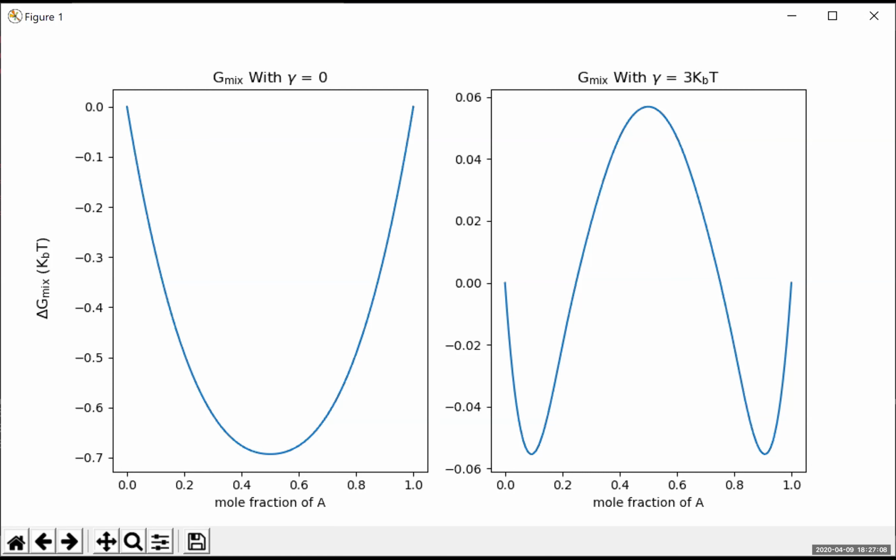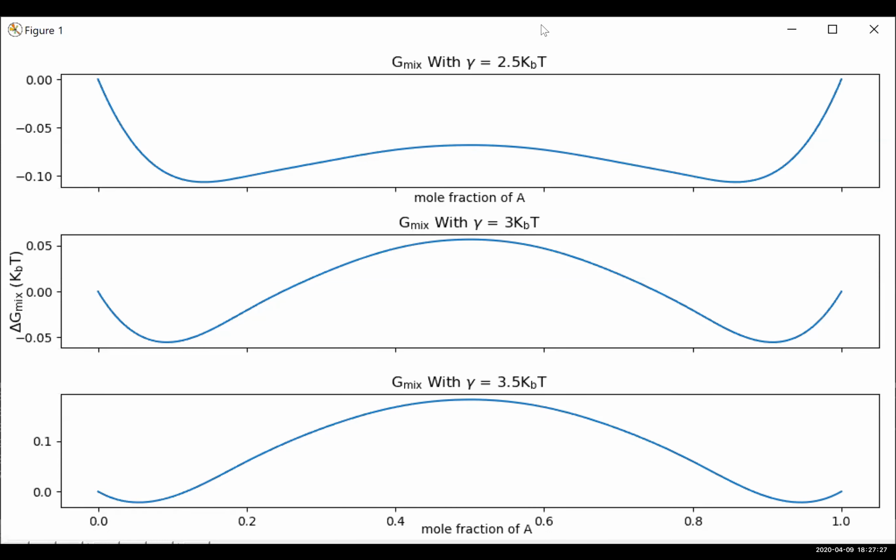So a positive gamma means that pure interactions are more favorable than the mixed interactions. If we were to change the gamma value, this is what the result would be.